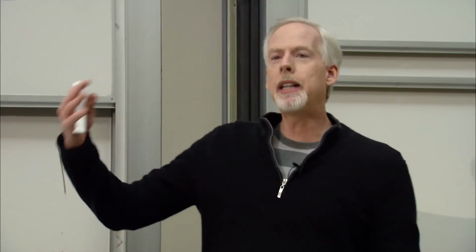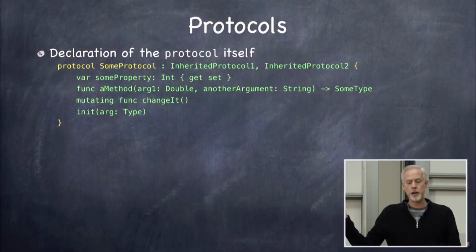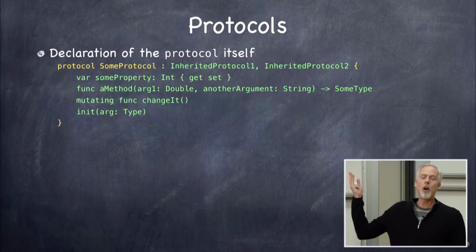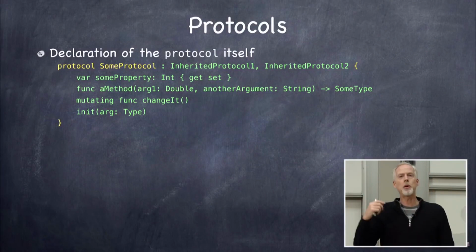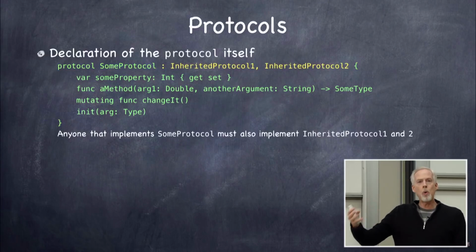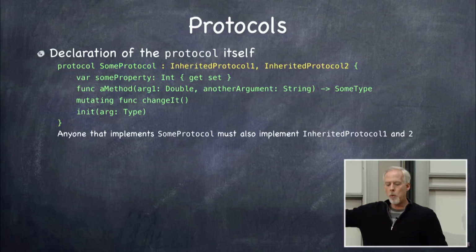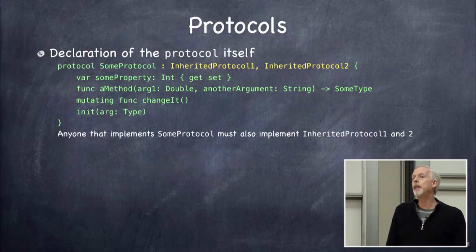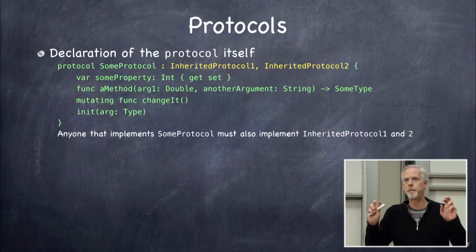Okay, so how do we declare a protocol? What does the syntax look like? Well, it looks a lot like declaring a class, okay? Protocol SomeProtocol. SomeProtocol is the name of that protocol, just like if you said class Whatever, that would be the name of the class. Notice that there's also a colon, then InheritedProtocol1, InheritedProtocol2. Actually, there can be any number of these. These are the other protocols that SomeProtocol inherits. Okay, so there is inheritance in protocols.